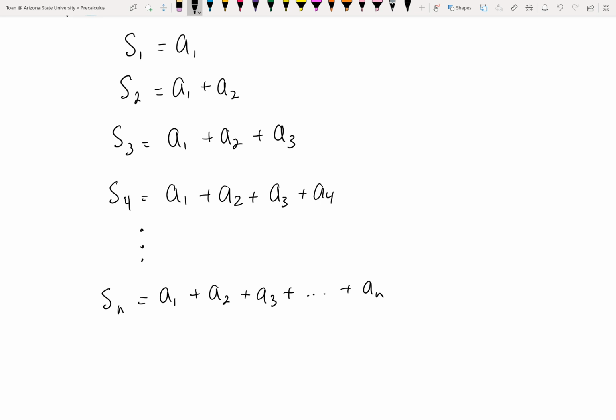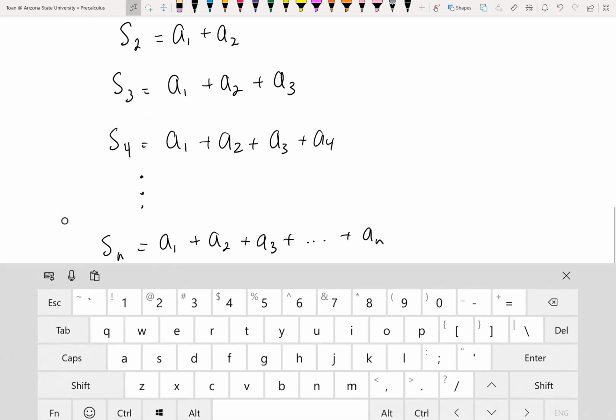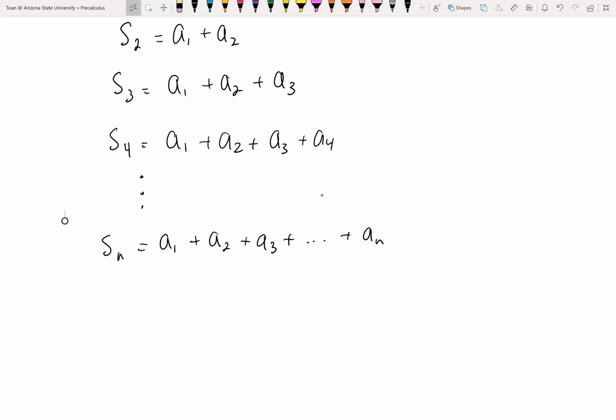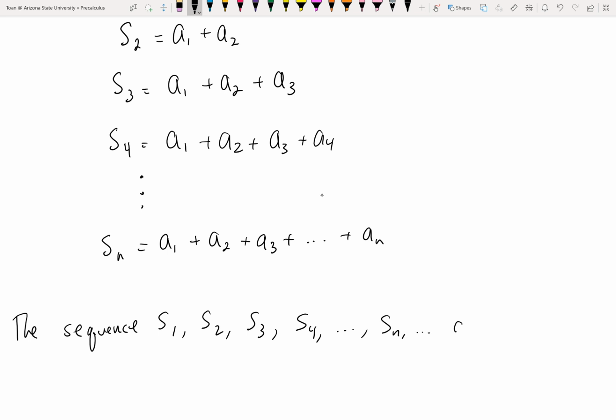And the way you say it is as you expect. S sub 1 is the first partial sum, S sub 2 is the second partial sum, S sub 3 is the third partial sum, so on and so forth, right? Now, the partial sums themselves may actually fall into a pattern in and of itself. So the sequence S sub 1, S sub 2, S sub 3, S sub 4, dot dot dot, S sub n is called, not surprisingly, the sequence of partial sums.